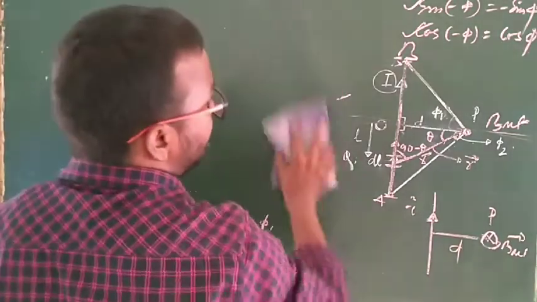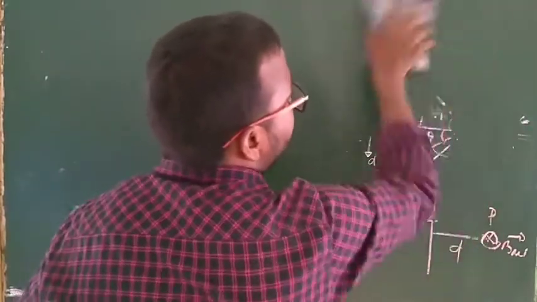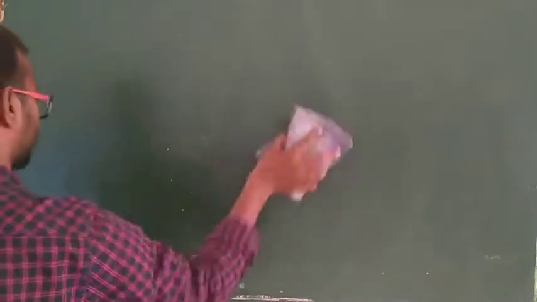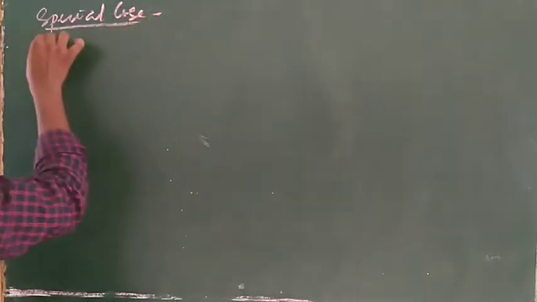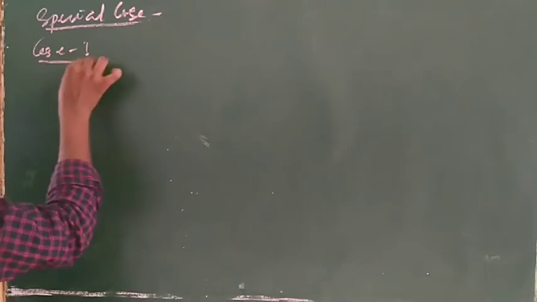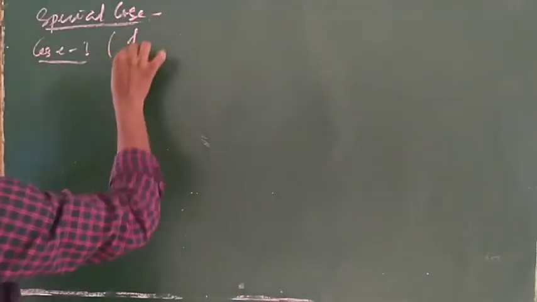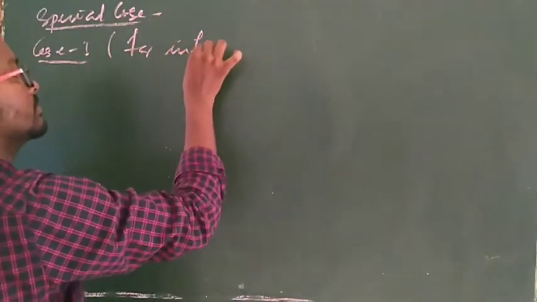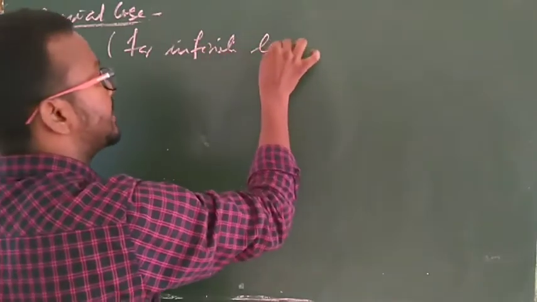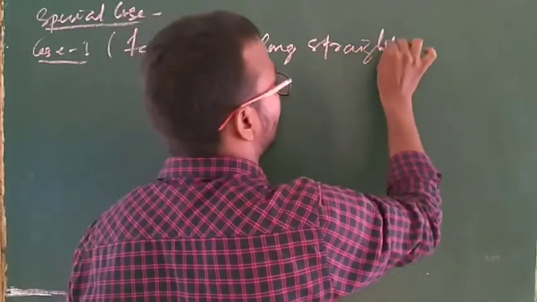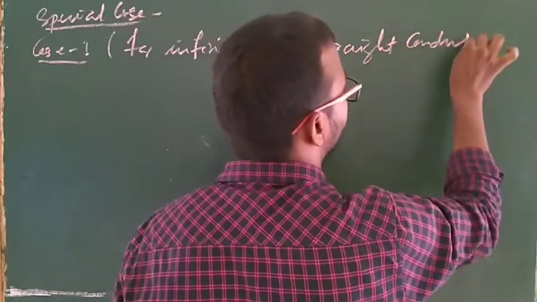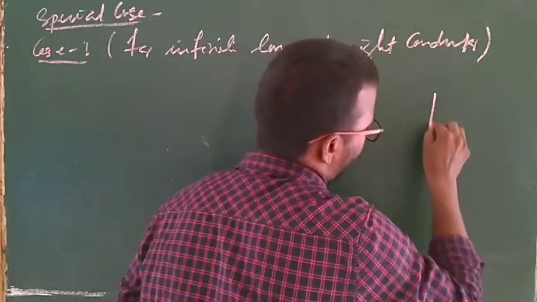Now we will go for special cases for a long straight current carrying conductor. Special case, case 1: for an infinitely long straight current carrying conductor.